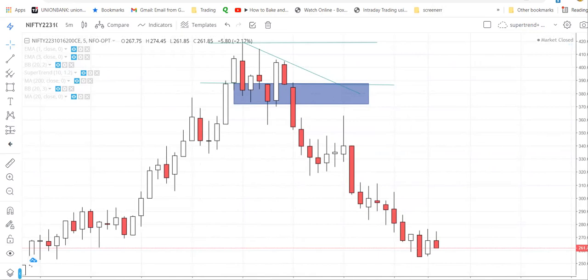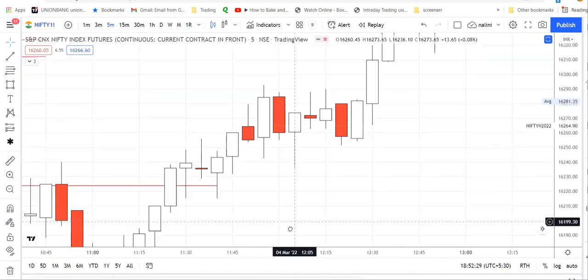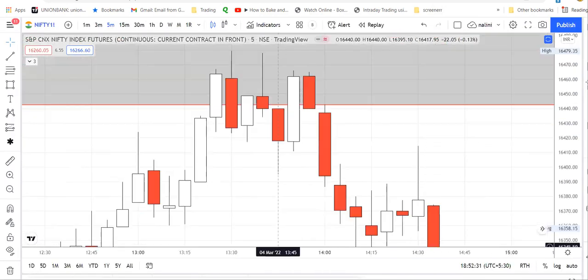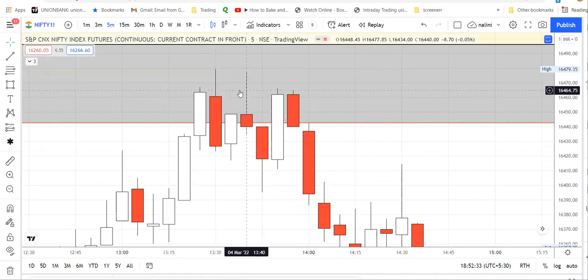Even in the Nifty also you can see the change in behavior over here. See, this is the candle which has shown change in behavior. It made a lower high and lower low.